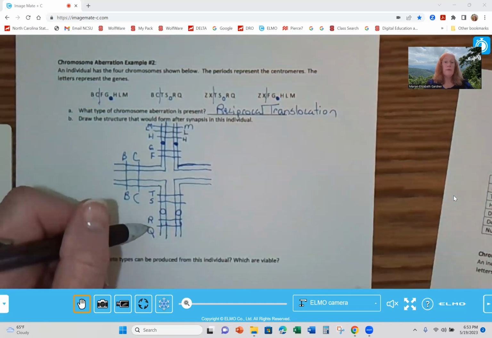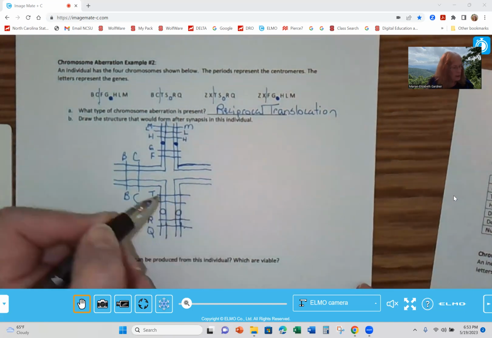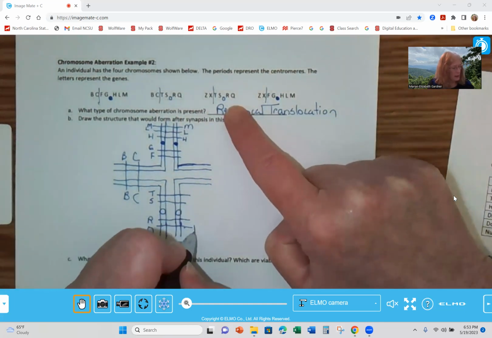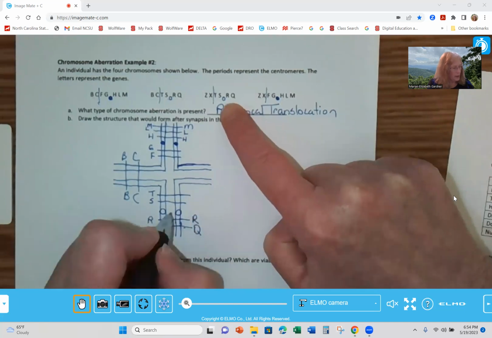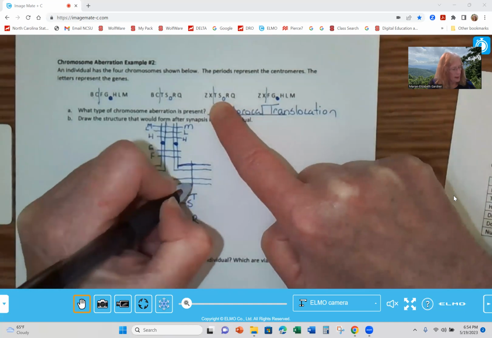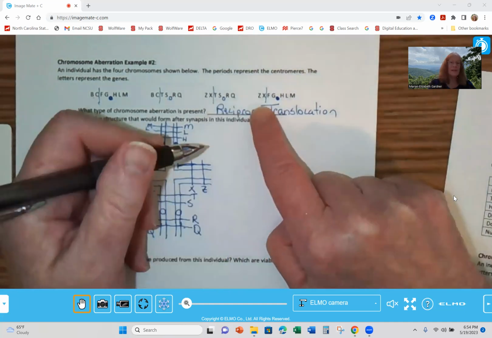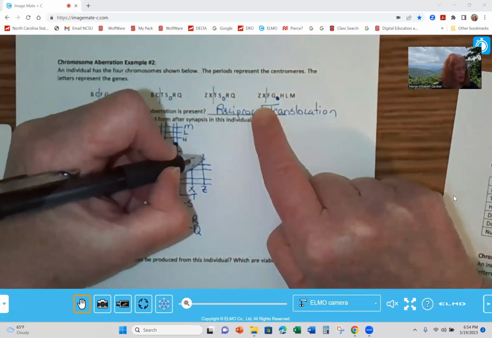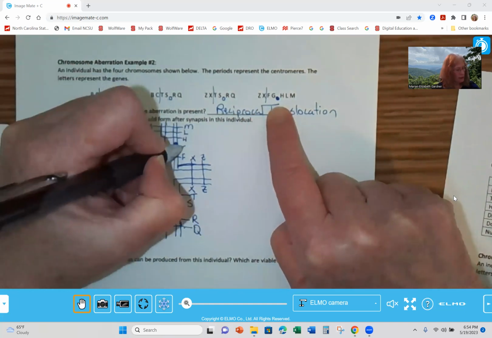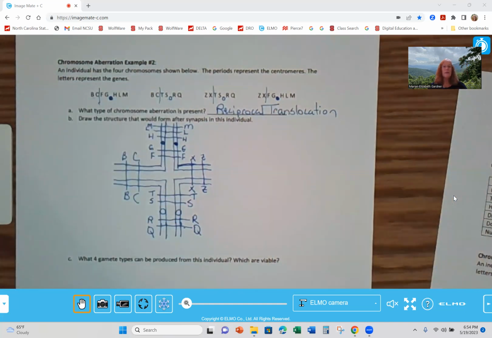Now remember, across from Q has to be the other Q. So across from Q, this is the chromosome we haven't done yet, Q, R, open centromere, ST, breakpoint, X, Z. And this last one, Z, X, breakpoint, F, G, closed centromere, HLM. So we've got them synapsed correctly.